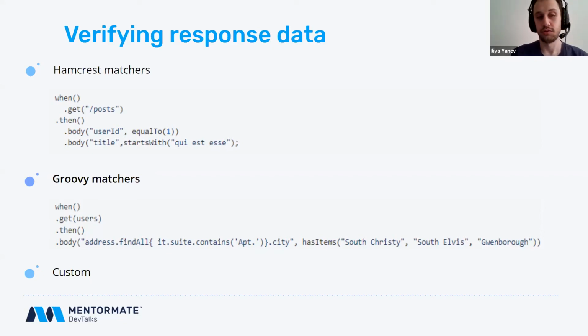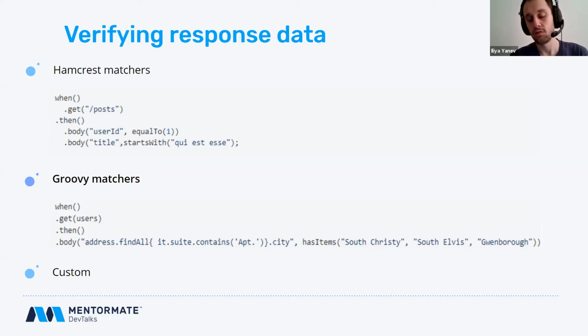And if we go to that case here, what I'm doing is I'm calling the get endpoint users. And then what I'm doing in the assertion is first I'm finding from the response all of the address objects. I'm filtering them by suite, and I'm actually searching for a suite which contains apartment.